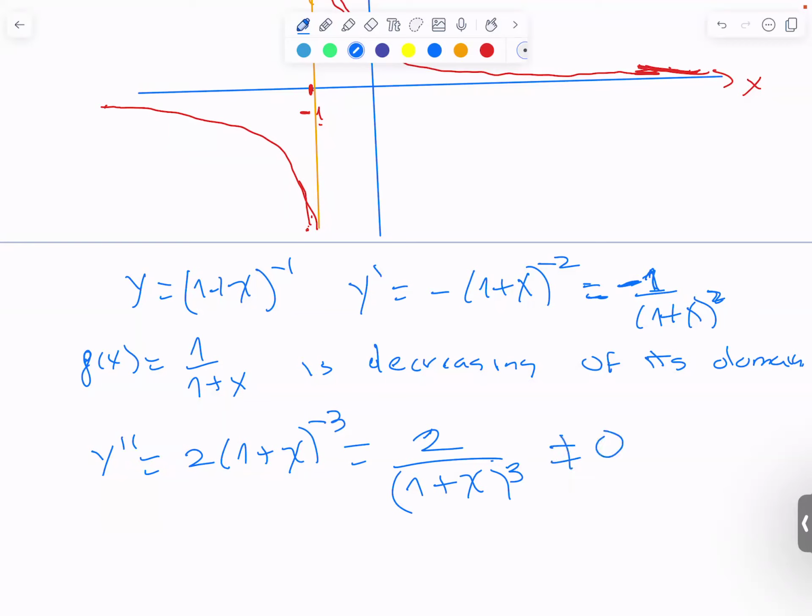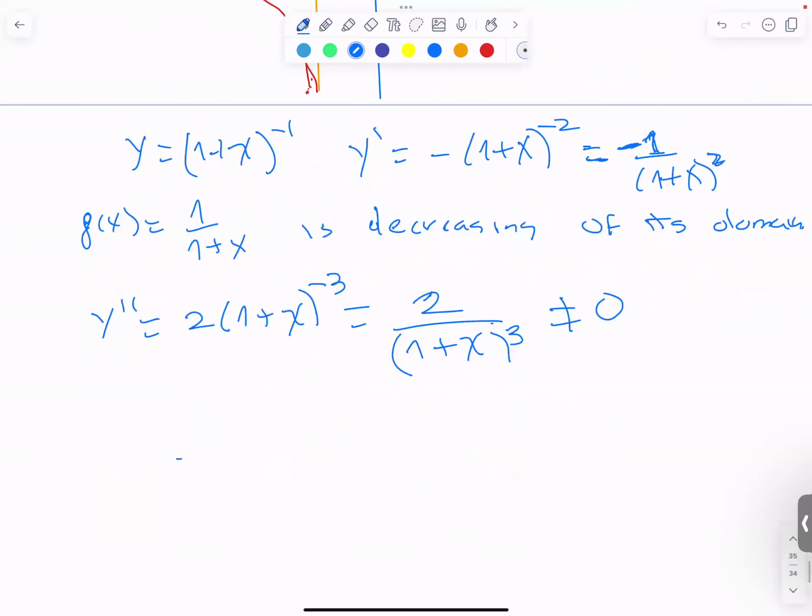But then we know that this is gonna be negative for numbers less than -1, because if x is -2, then 1 plus -2 is -1, to the third power is negative. And then on the left of -1, the second derivative is negative. On the right of -1, the second derivative is positive.